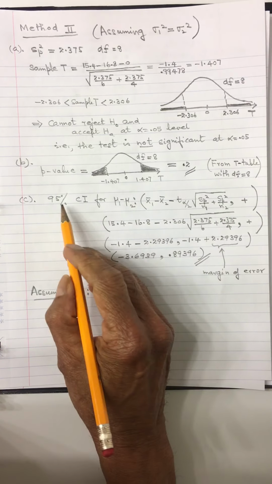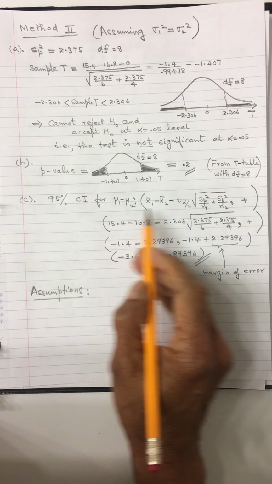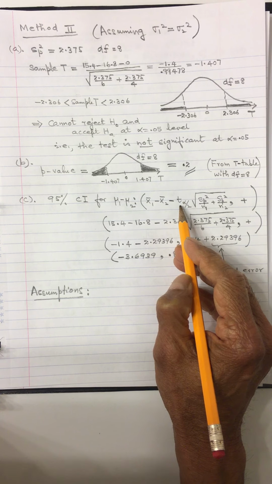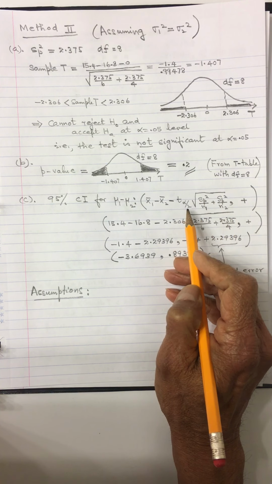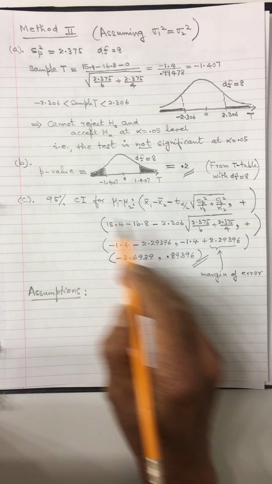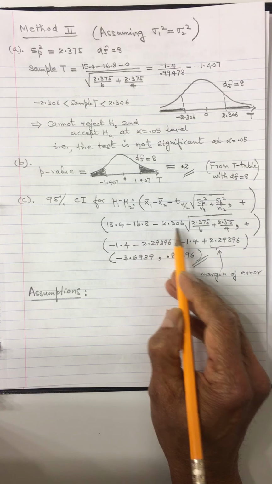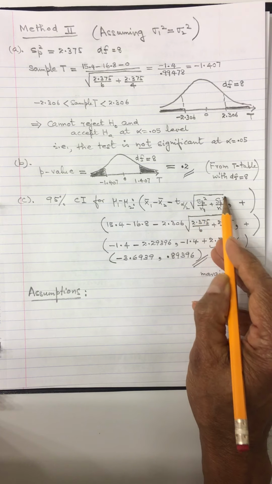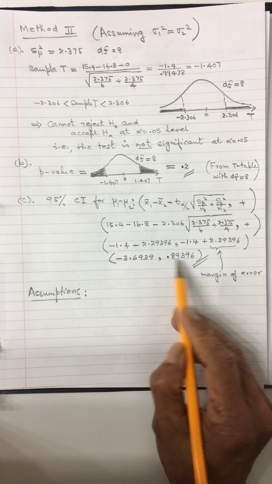If you are interested in the 95% confidence interval, it's the same thing. Here you have to take this value from the t distribution with degrees of freedom 8 and 95%, which is that, and we are using the pooled estimate in both places. So that will give you these two.